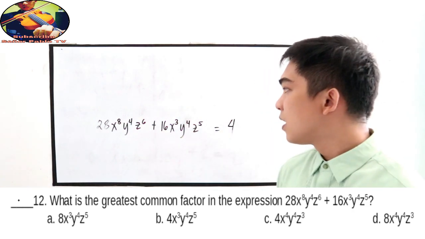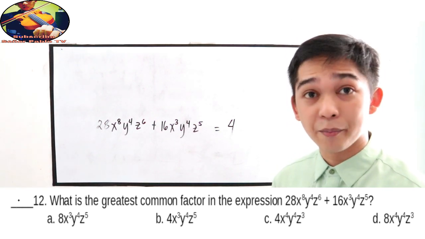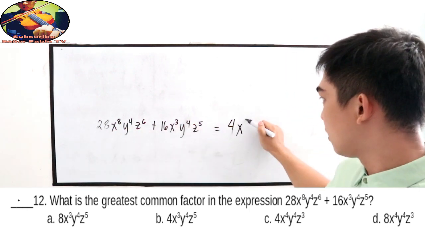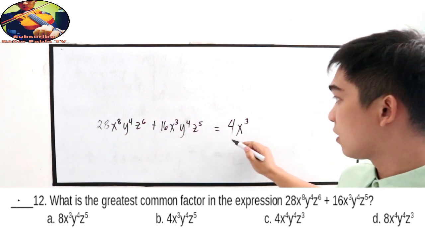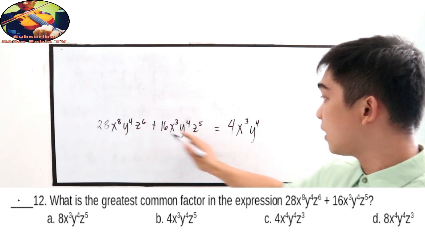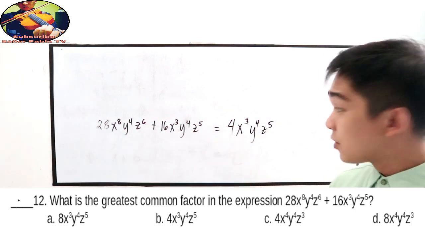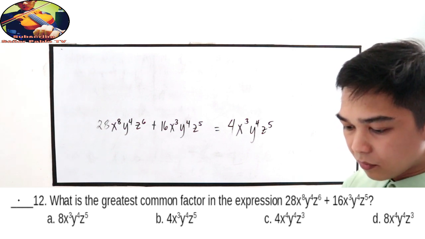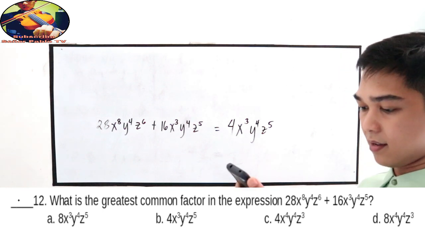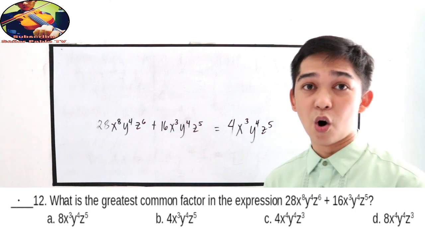Then, copy lang natin yung lowest exponent ng ating variable. So, x. Sa x ay lowest is 3. Sa y, y raised to 4, parehas sila. Copy natin. Then, z raised to 5. So, number 12 is letter B. Letter B. Ball.